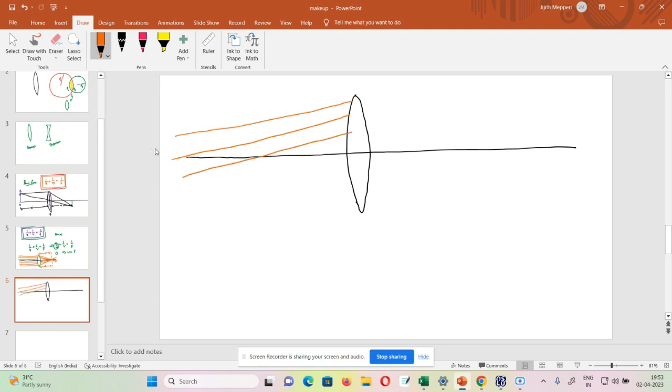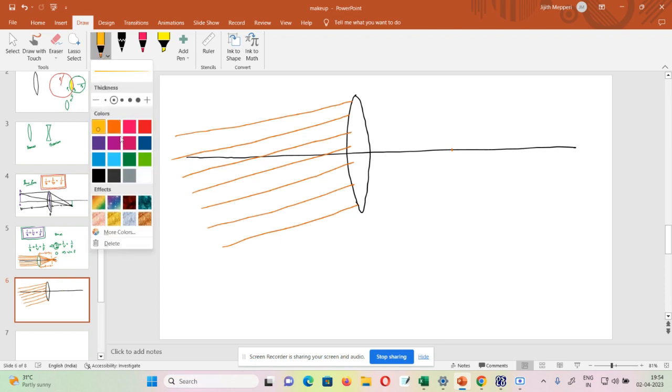In that case also, the lens will focus at one point, but not the point on the optical axis.